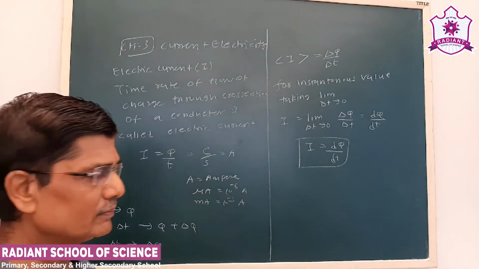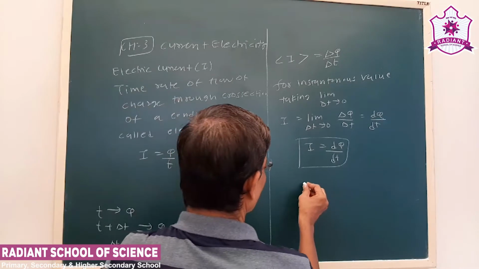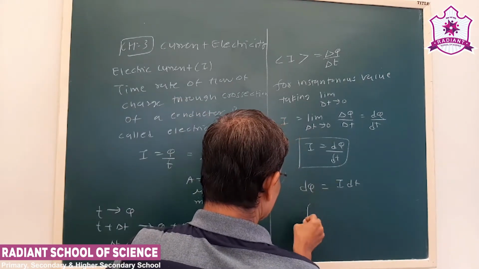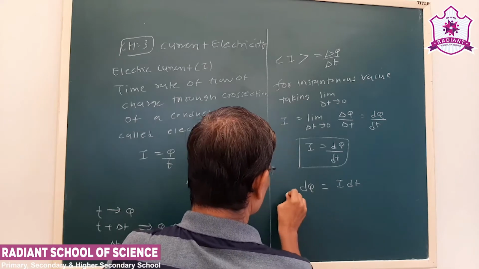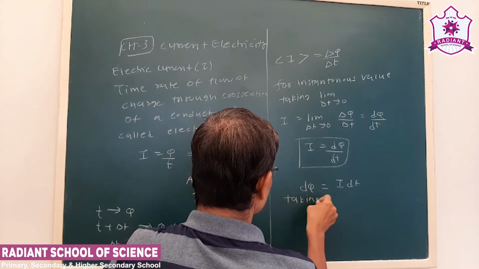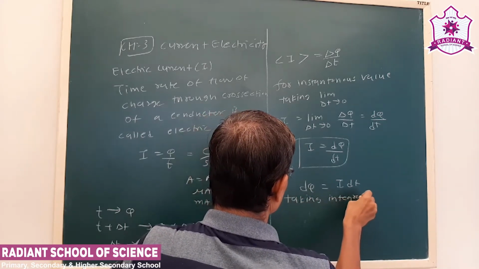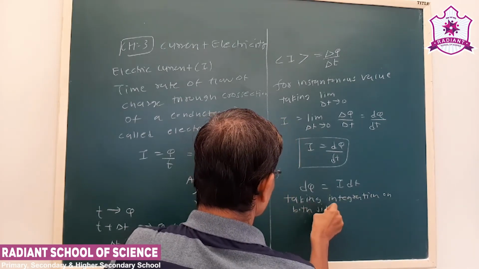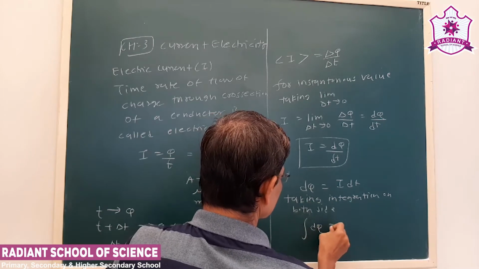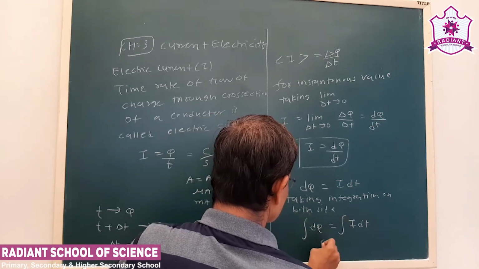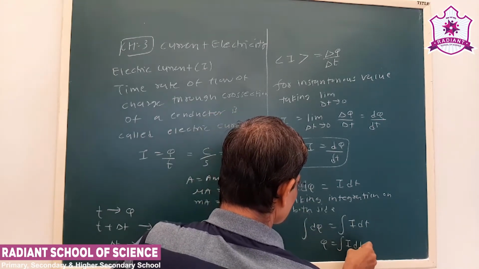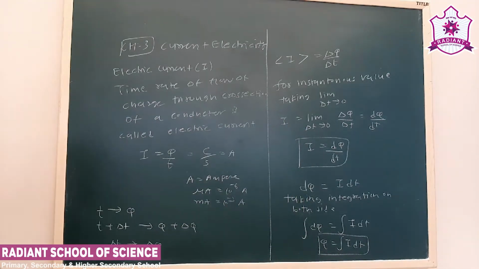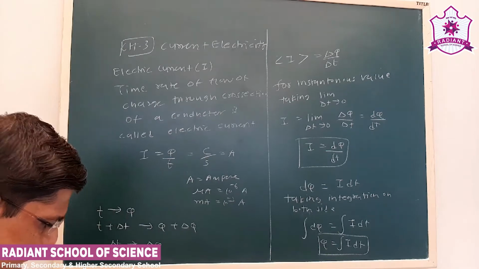Now from this we can find out the charge also. We can say dq is I into dt, and if I take integration on both sides, this is how we can find out the charge also if the current is given.